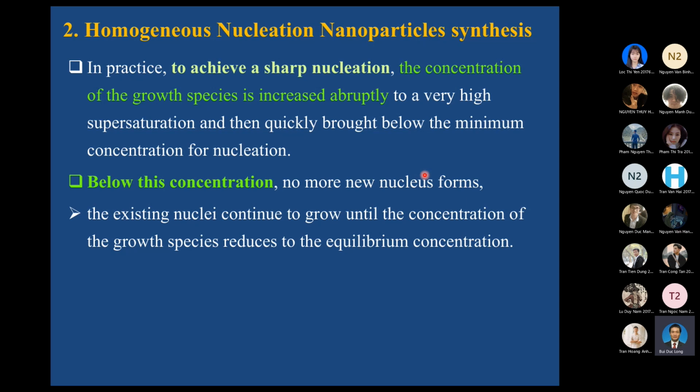So the particles have a uniform size. The existing nuclei continue to grow until the concentration of the growth species is reduced to the equilibrium concentration.